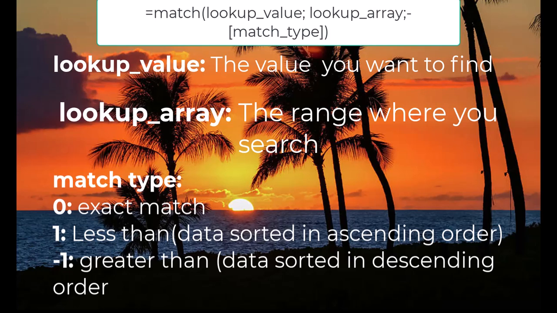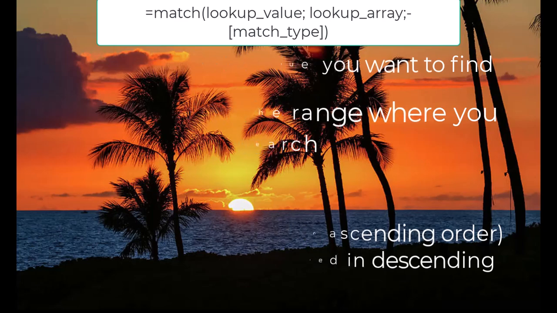Then semicolon, the lookup array refers to the range where you search, semicolon, the match type. The match type 0 is for an exact match. This is the most common. 1 is less than, for data sorted in ascending order. -1 is greater than, for data sorted in descending order.